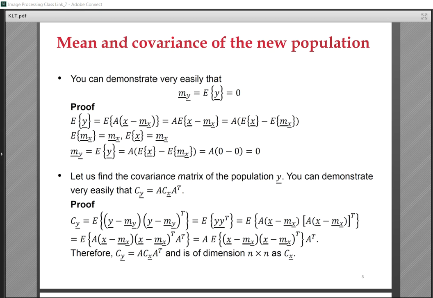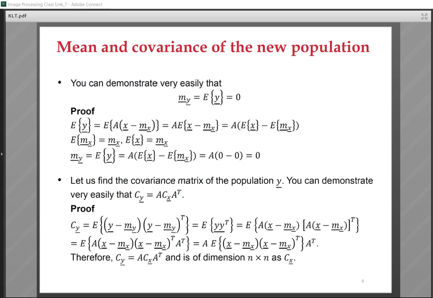These are the same: E[x] is mx and E[mx] is again mx. This is wrong, not 0 minus 0.